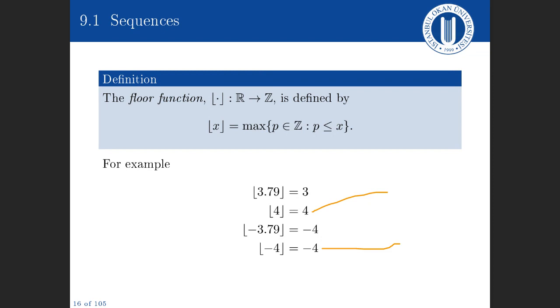But if we start with a number which is not an integer, let's say 3.79, it rounds down to the next integer. It rounds 3.79 down to 3. And if we're on a negative number, again, we're going down. So minus 3.79 is rounded down to minus 4.